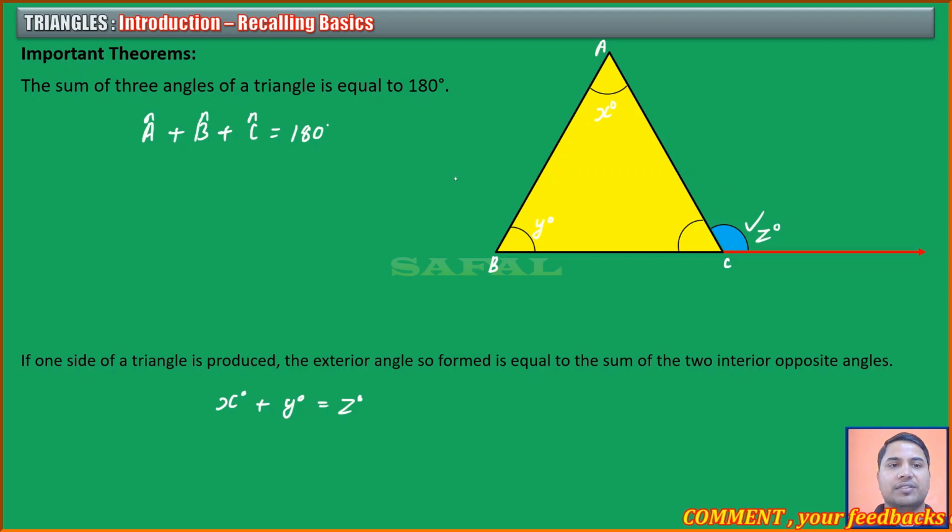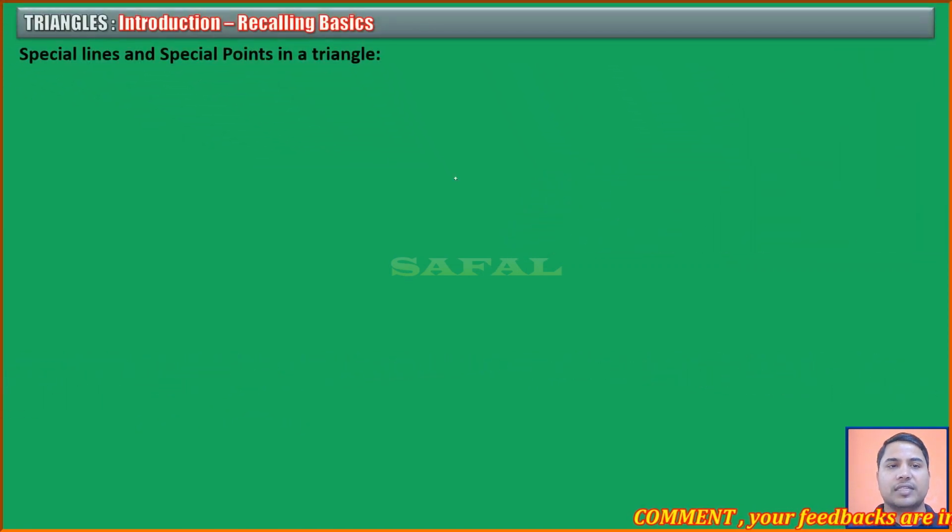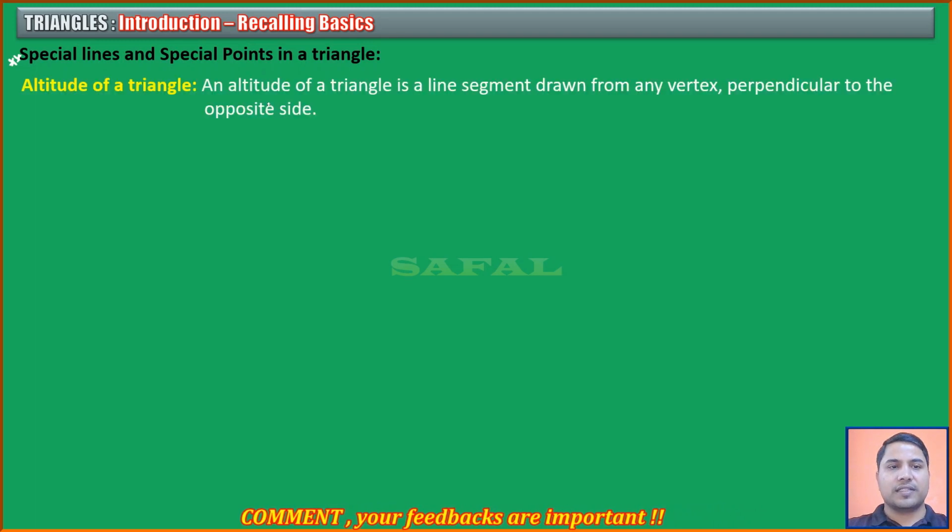Now moving ahead, we are looking at some special lines and special points in a triangle, and this topic is very important because many concepts from it are utilized in the class 10th triangle chapter. The first one we have is the altitude of a triangle. Now what is the altitude of a triangle?